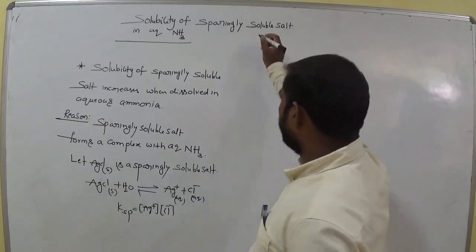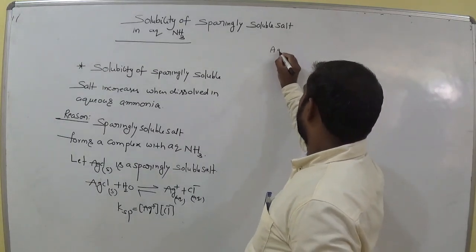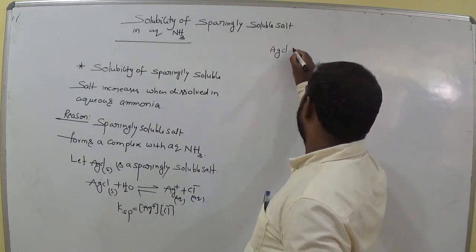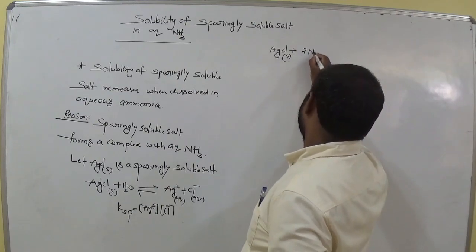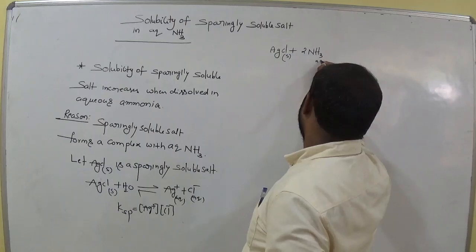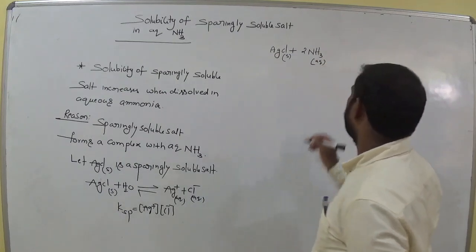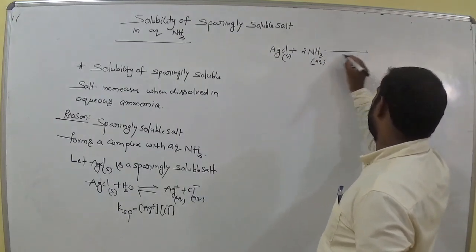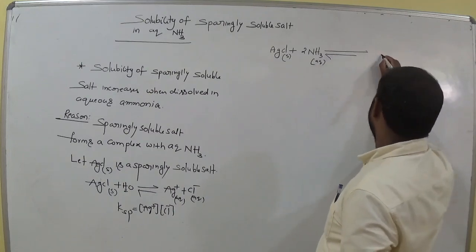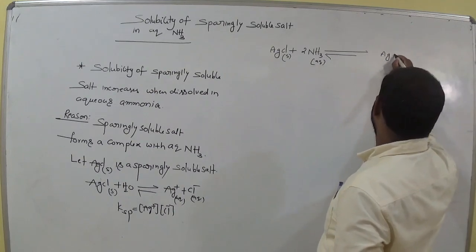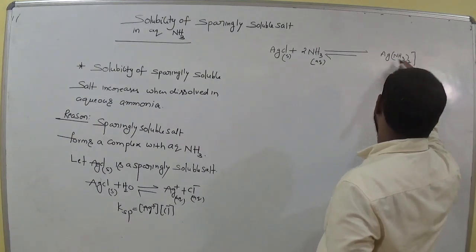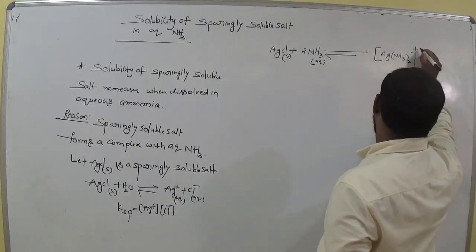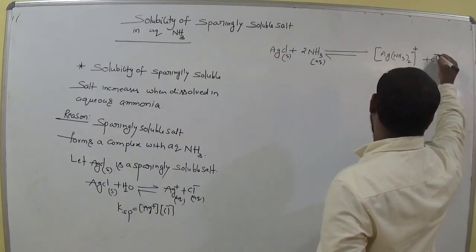Now AgCl dissolved in aqueous ammonia gives Ag(NH3)2 plus and Cl minus.